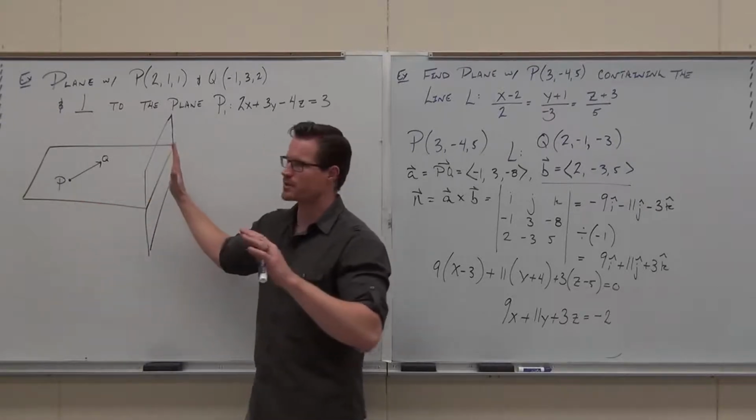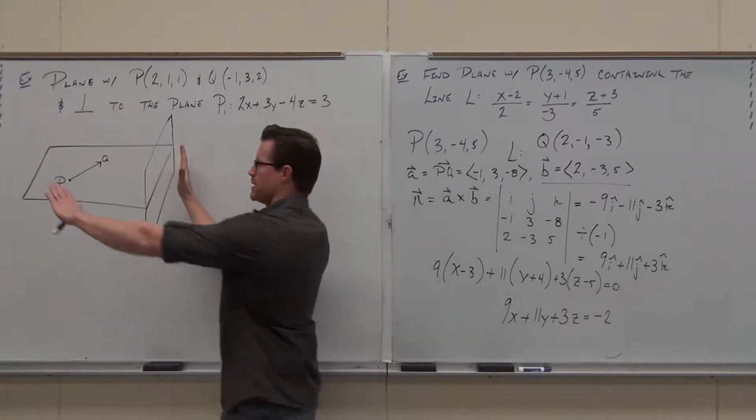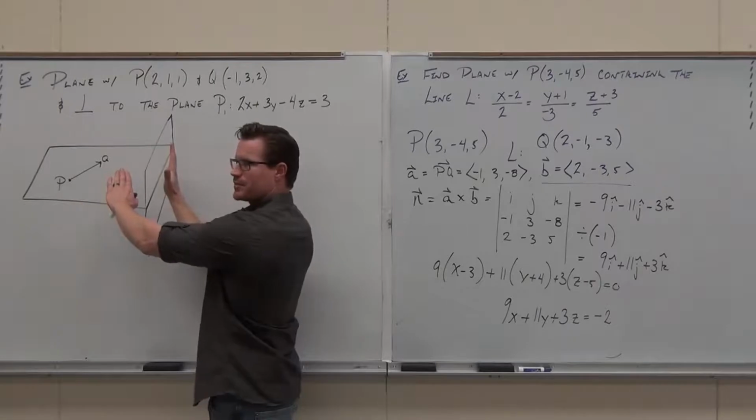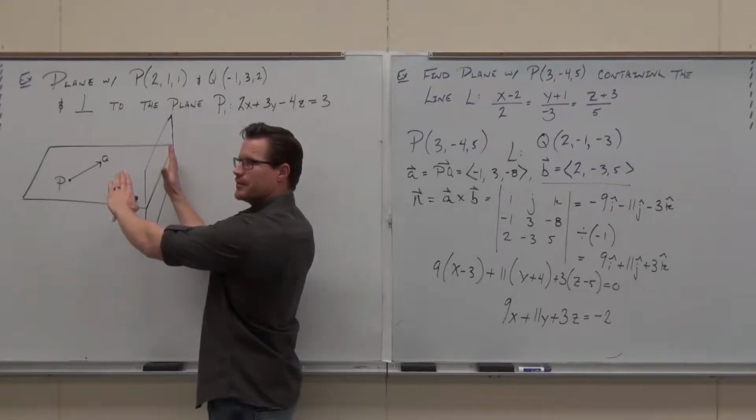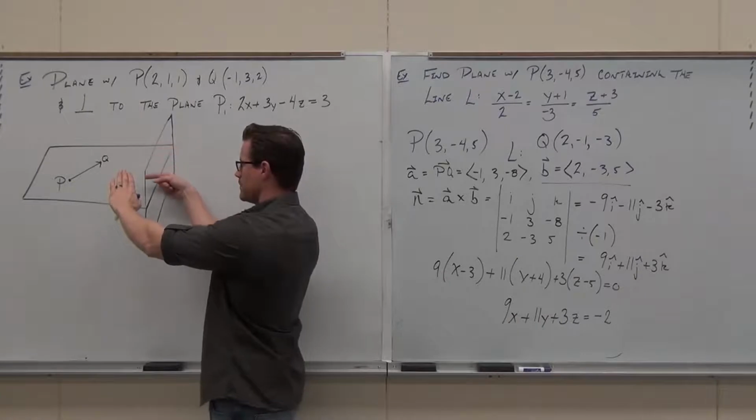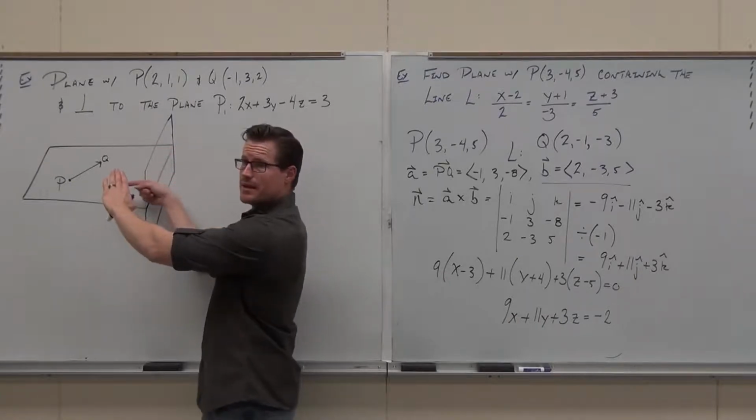If this, listen carefully, if this plane is perpendicular to this plane, what's the normal of the purple plane got to do? Which means you can fit it in that plane. Does that make sense?